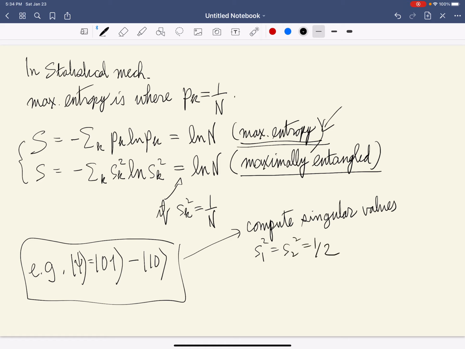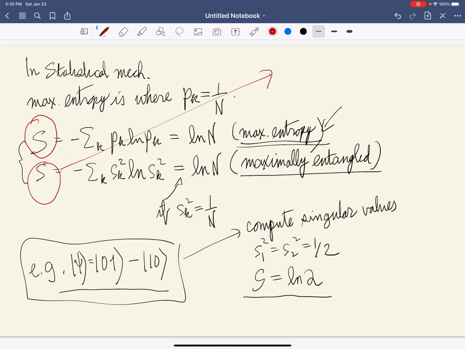And so therefore, if you have this sort of quantum state, then this entropy will have the maximum allowed value of log 2. Okay, so in complete analogy to the word entropy, this quantity is called the entanglement entropy.